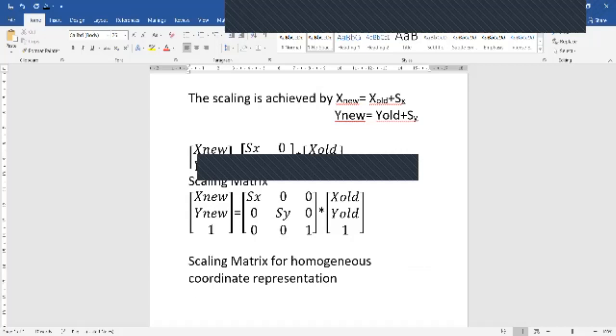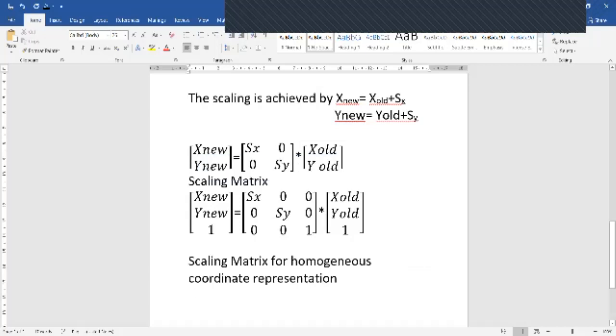So this matrix, the second one, is known as the scaling matrix for homogeneous coordinate representation. Okay, so this is all about scaling.